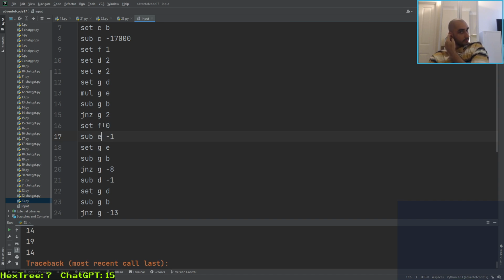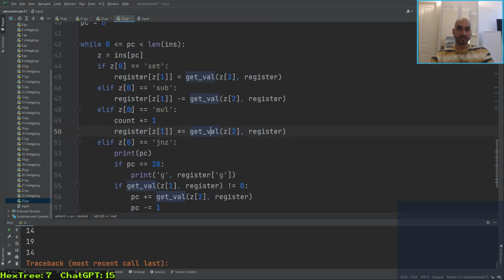So E subtract 1. Let's try printing out what the register looks like.